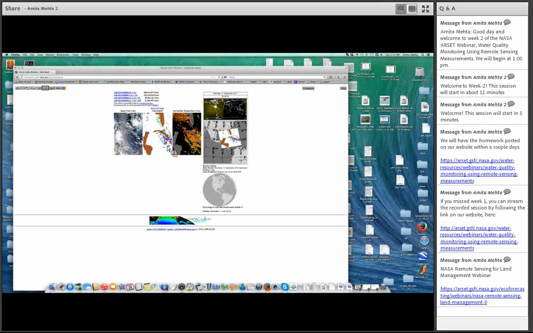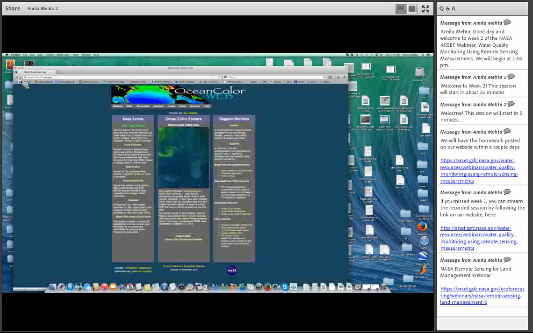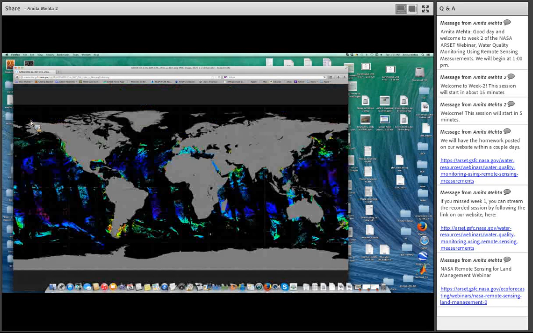But visualization can be done regionally and for days from 2002 to now, so this is all high resolution data for level 1 data. Similarly, level 3 data are also available, and this is again chlorophyll A concentration. The scale is given here, and so this is November 1, 2014.